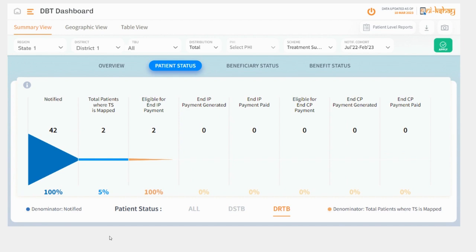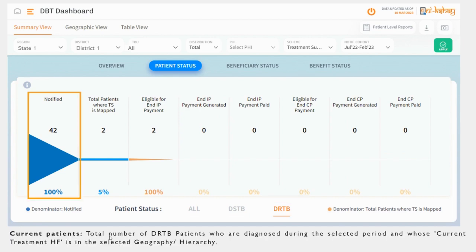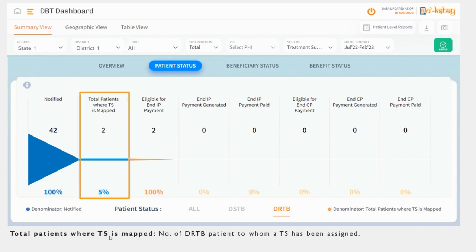During the selected period, 42 DRTB patients were diagnosed, whose current treatment health facility is in the selected district. Out of this, there are 2 patients to whom a treatment supporter has been assigned.